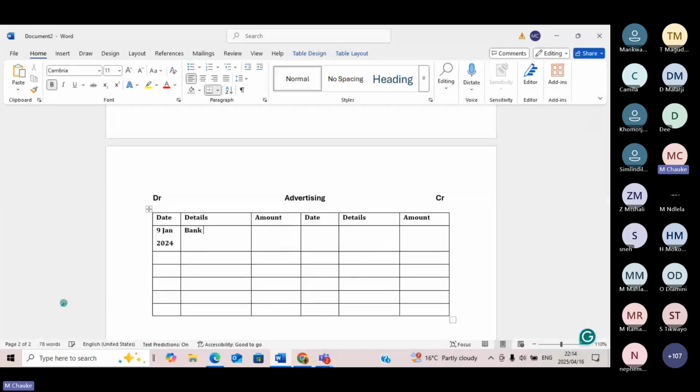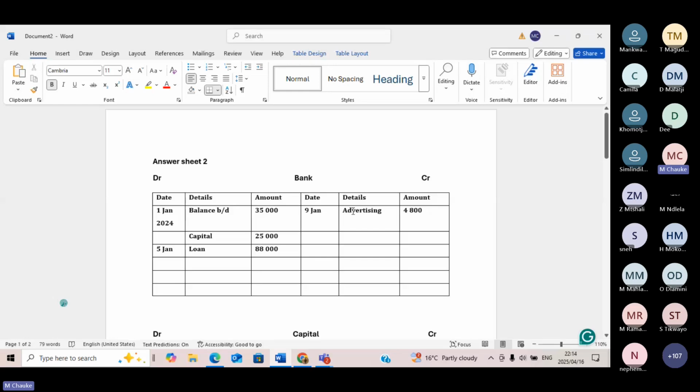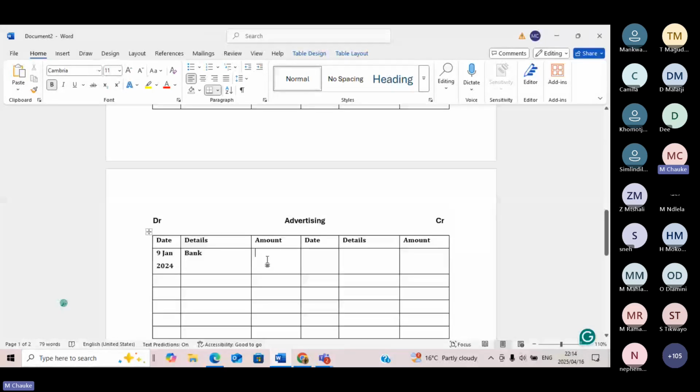If you check, we have credited bank under advertising... we are going to debit advertising under bank, because advertising is an expense, and expenses, when they increase, we debit 4,800. I don't know if you guys follow. Are you guys fine? Any questions so far? No. Okay.